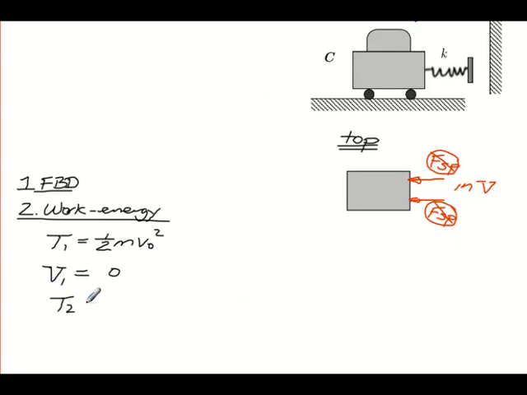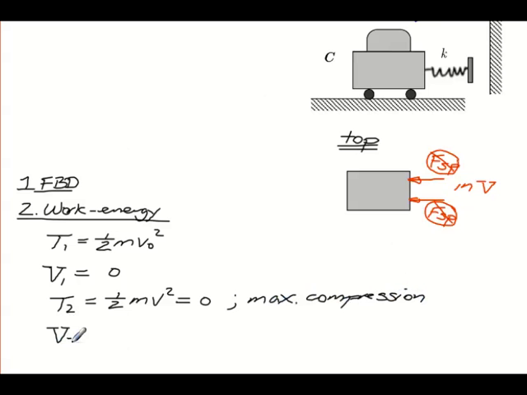T2, in general, is going to be 1/2 m v squared. But since we're looking at maximum compression, the speed at position 2 will be 0, therefore the kinetic energy is 0.